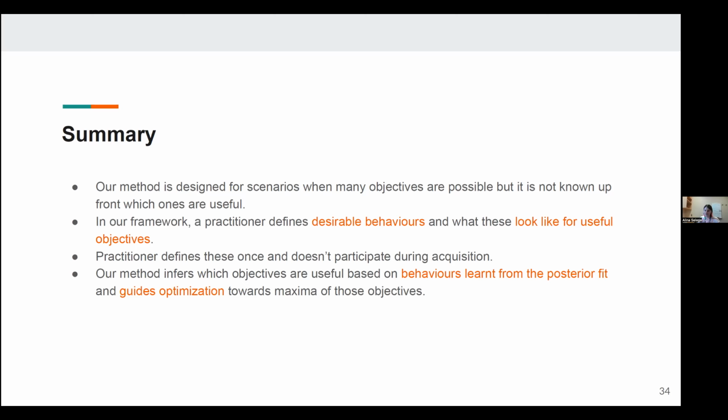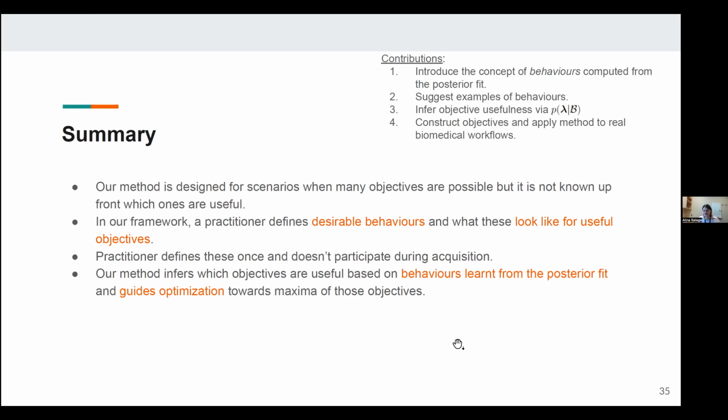And we propose some examples for what behaviors could be sensible choices. A practitioner defines these only once and does not participate during acquisition in our framework. So this is all just done once at the beginning, and then the rest is automatic. And our method infers which objectives are useful based on behaviors that we learn from the posterior fit. And then the optimization is guided towards maxima of those useful objectives.